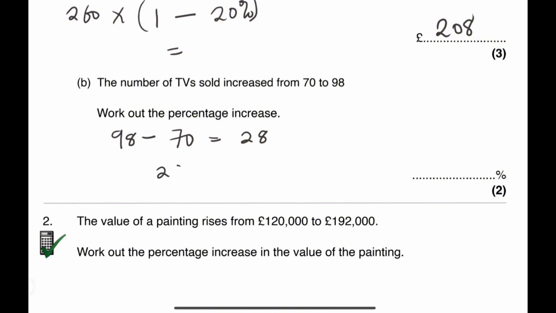That will be 28 divided by, now I said watch out for the words from something to something. So from 70, it means 70 is our initial. So that is 28 divided by 70 times 100. So 0 cancels 0, 7 into 28 is 4, and 4 times 10 is 40. So our answer is 40%.